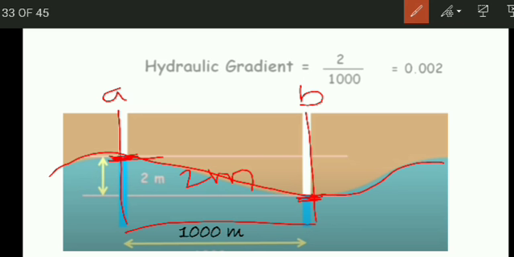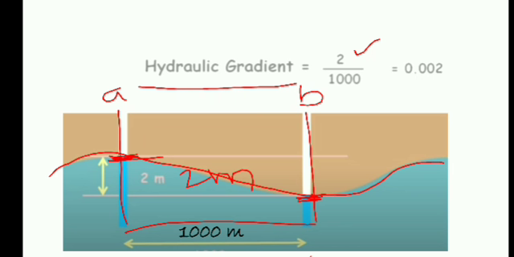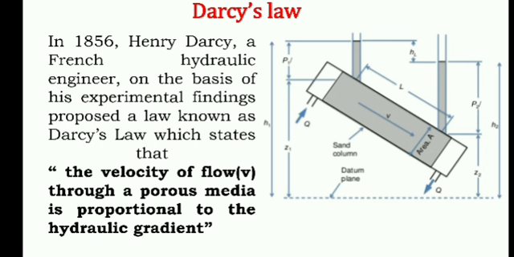The hydraulic gradient is the difference in the water table divided by the distance, so that is 2 divided by 1000, which is 0.002. These are the basic concepts you need to understand before starting the important concept of this module, Darcy's law.